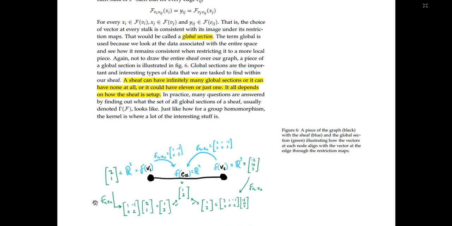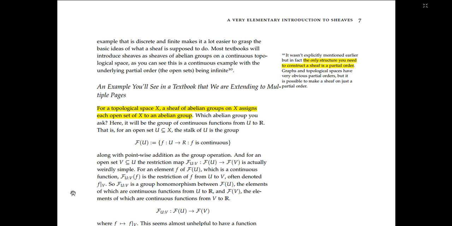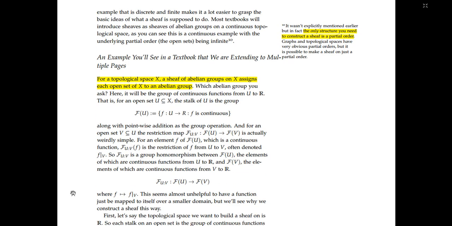So you can see in the below that after applying the linear transformation to the vectors, we get the same vector like on the edge in the vector space associated to the edge. So we have like some consistency. Note the only structure that we needed to construct a sheaf was a partial order.